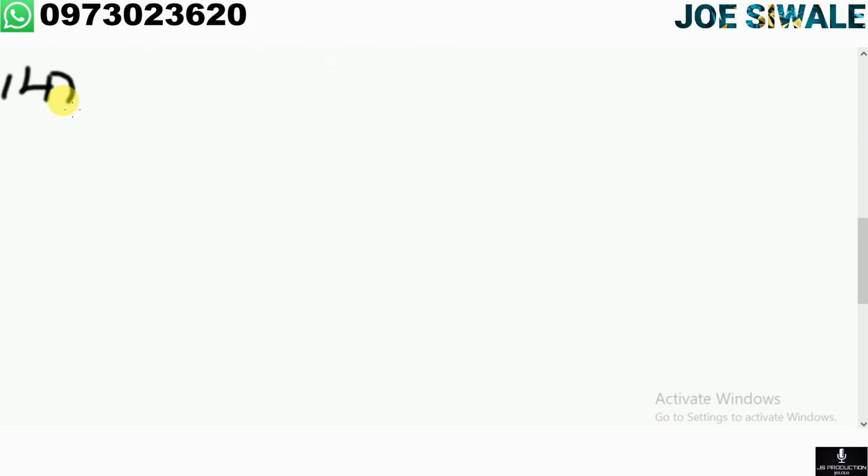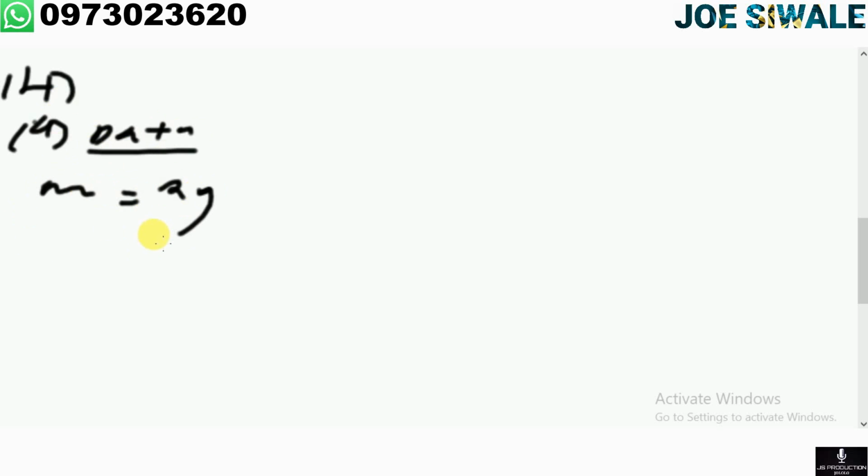So here I'm trying to calculate the molar mass, and after calculating the molar mass, I'm going to identify the element using the periodic table. The first thing here, I'm going to collect my data. I'm told mass is 2 grams. Then the number of moles is 0.05 mole. Then the molar mass, I don't know, so that's a question mark.